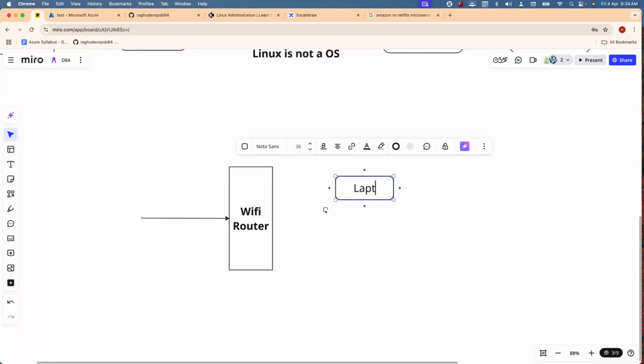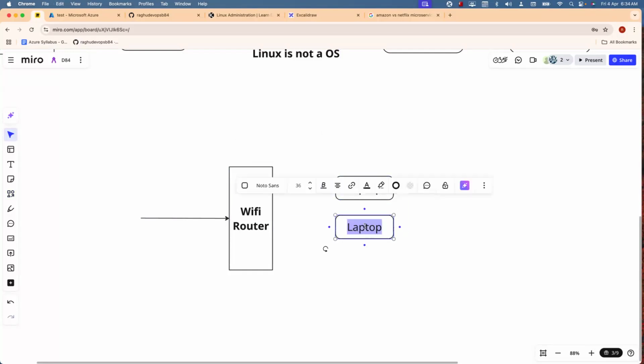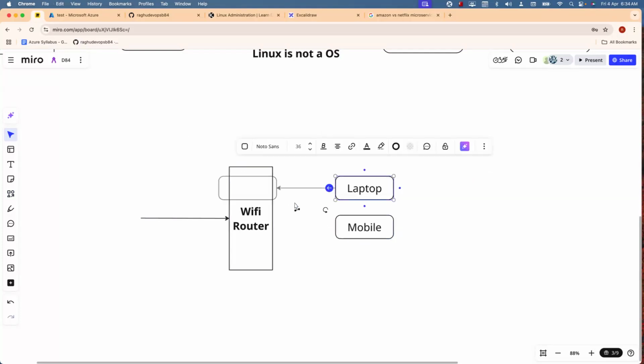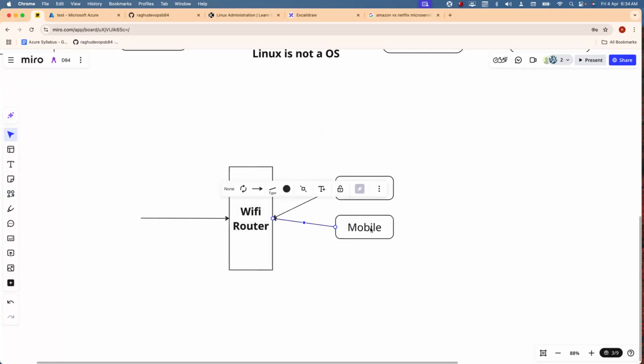It can be a laptop, it can be a mobile. So you're actually connecting to this Wi-Fi. This means you're taking one connection and splitting that to multiple devices.